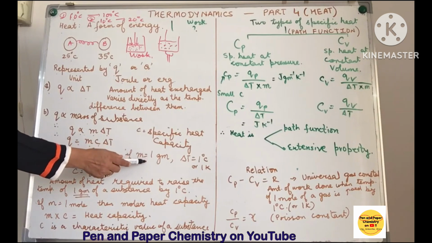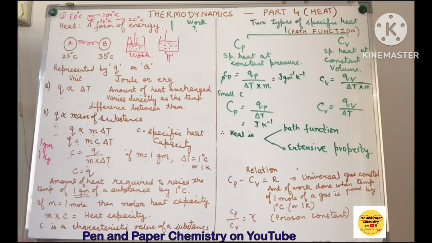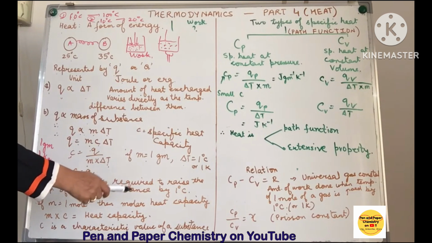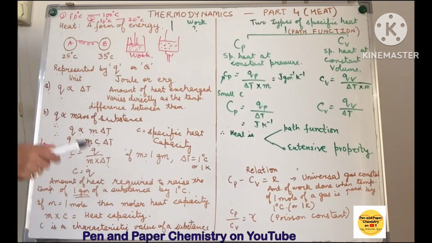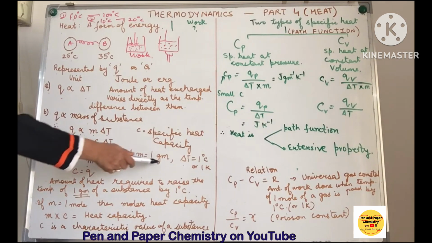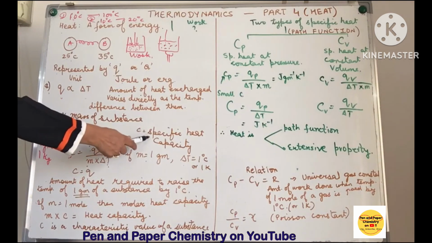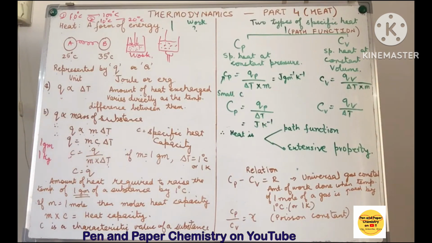So if I'm taking 1 gram of the substance and the change in temperature is 1 degree Celsius or 1 Kelvin, this C, specific heat capacity, becomes equal to Q. So we define it as the amount of heat required to raise the temperature of 1 gram of a substance by 1 degree Celsius. If you notice over here, we are defining the mass as 1 gram. We are talking about a specific mass of the substance. Hence the term specific heat capacity.